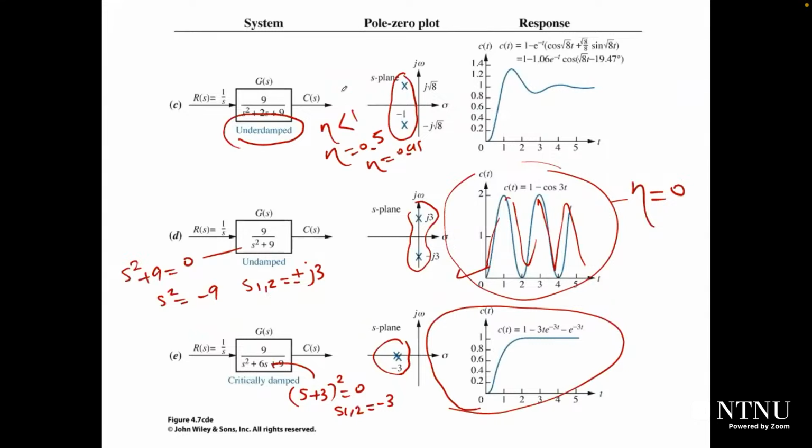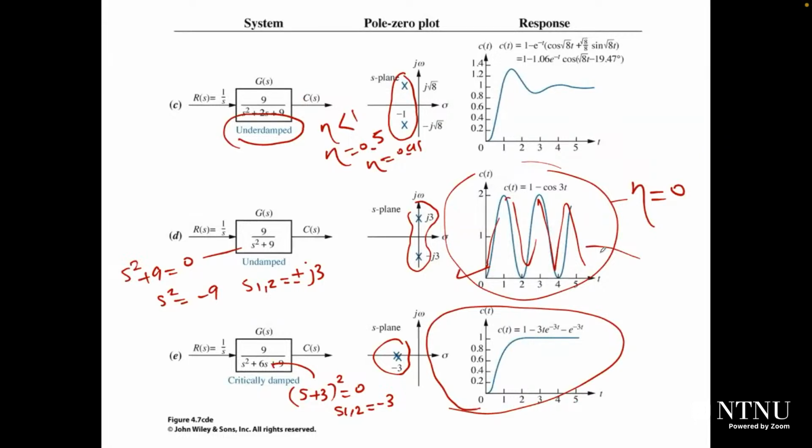So when you change zeta and omega n, just imagine about zeta. Here, when zeta is less than 1, for example, you will get a response like this one. It's underdamped. And when zeta equals 0, it's undamped. It will just oscillate all the time because there is no damping.